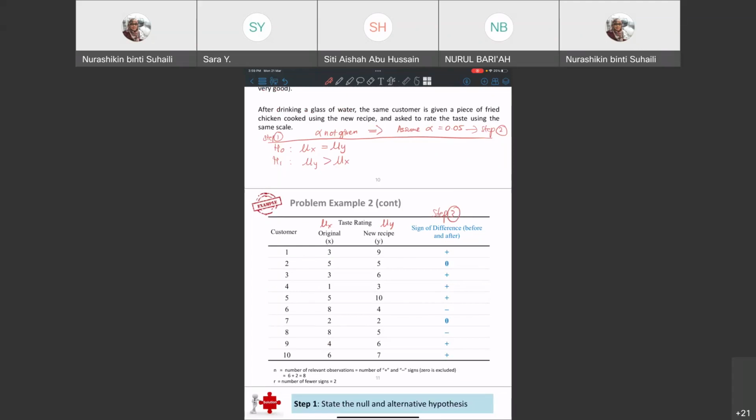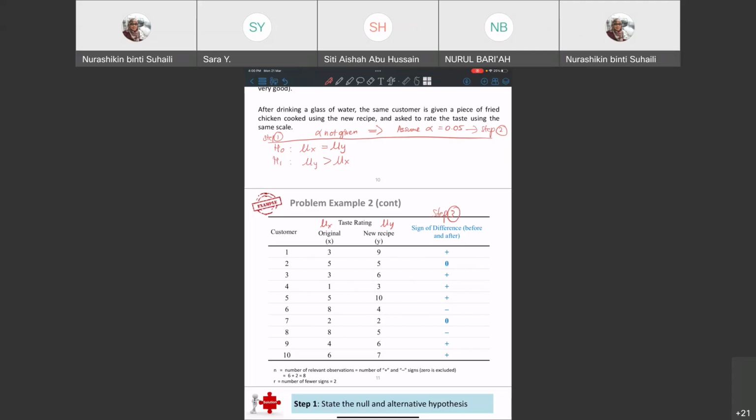The way you compare, you must set the point of your comparison. For example, you compare 3 and 9, which means the new recipe is bigger than the original. So you put plus.